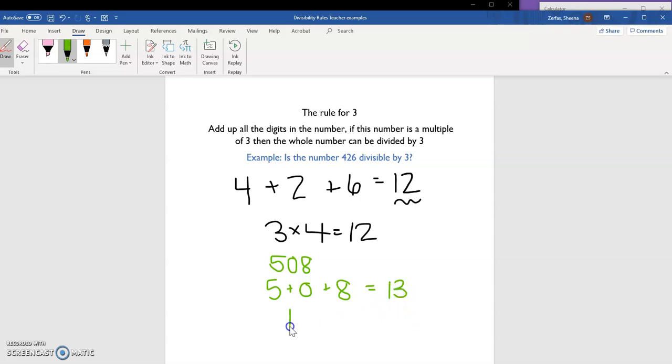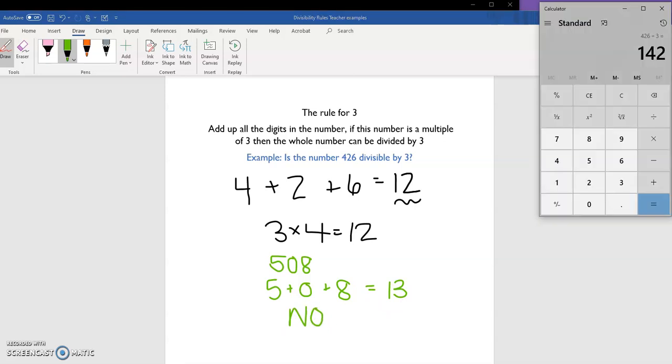So this one we would say is not divisible. Again, checking that on a calculator, if I did 508 divided by 3, it's giving me a decimal, which means it is not evenly able to divide by 3.